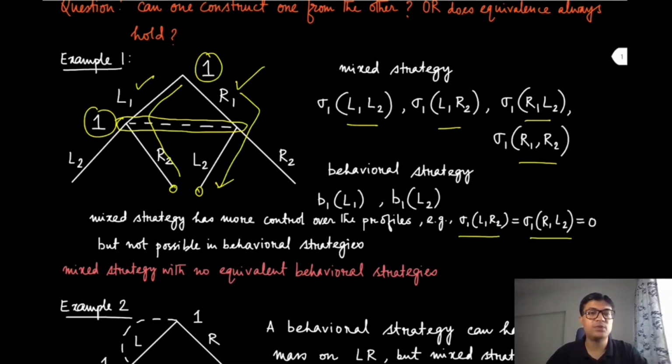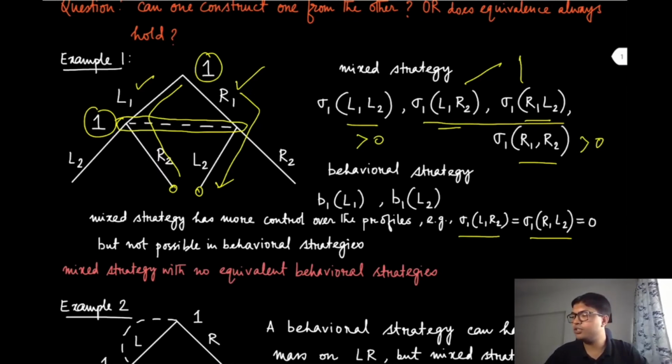Now, is this possible to do in the case of behavioral strategy? What does it mean? We are putting probability 0 on these 2 outcomes, and we are putting positive numbers on these other 2, right? So if you have to find an equivalent behavioral strategy, you will have to put some positive masses on both R1 and L1. You cannot do it otherwise, because both L1 L2 and R1 R2 are positive.